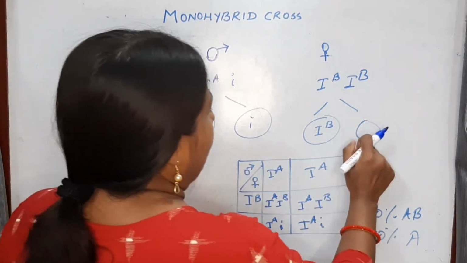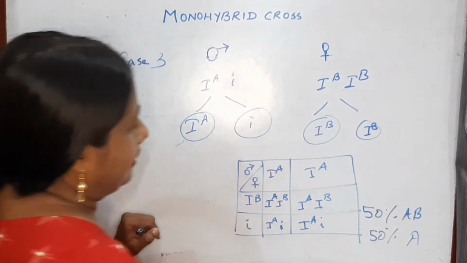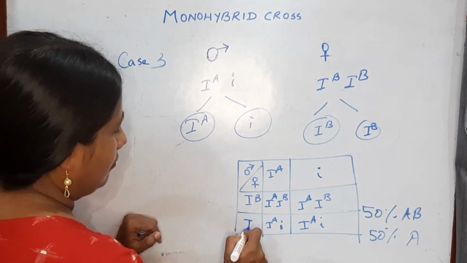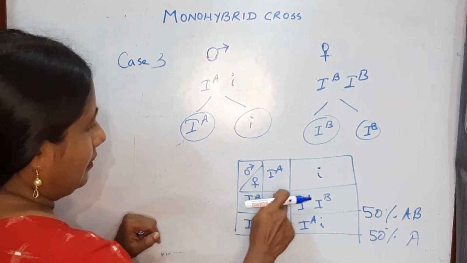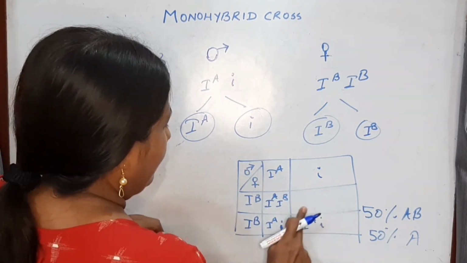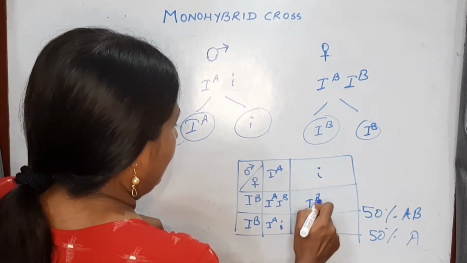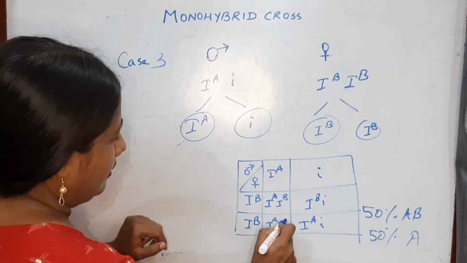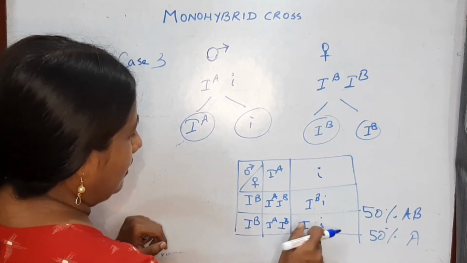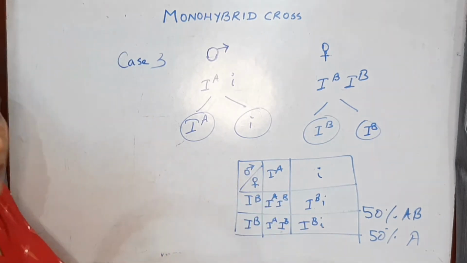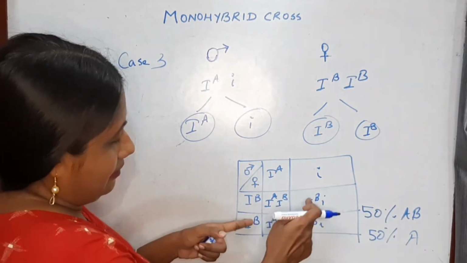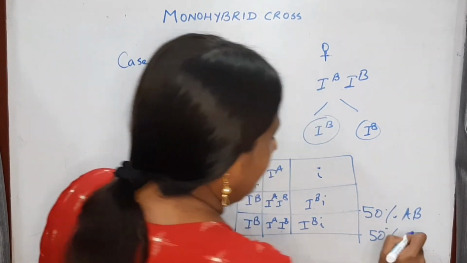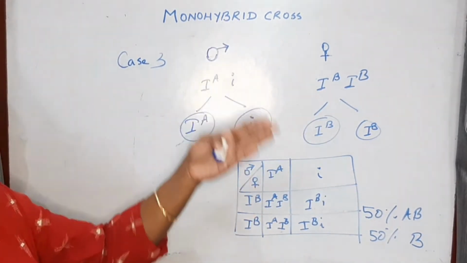I'm just clearing it and making it case 3. See, what will be this? What will be this? AB and B, right? So 50% AB and 50% B. Case 3 done. Got it?